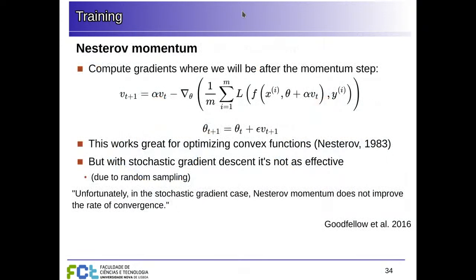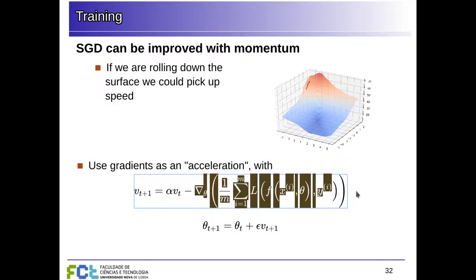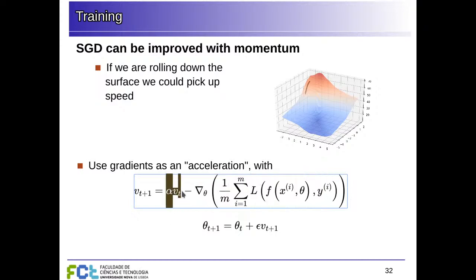One improvement that we can use is called Nesterov momentum. Instead of estimating the gradient in the place where we are now, with this combination of weights in our neural network, we can consider what the gradient will be if we take this step first.